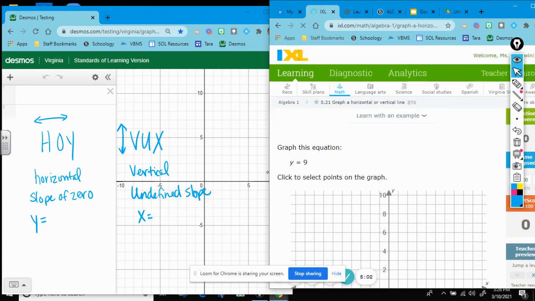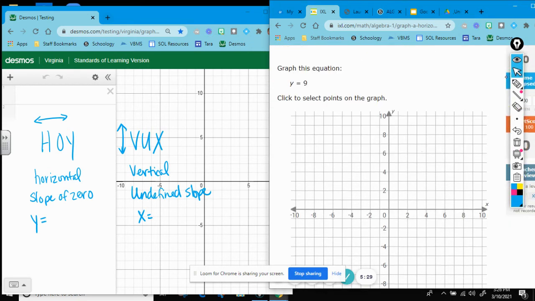Okay, so how I know that this is a horizontal line is it's just y is equal to. Notice that there's no x after this. Notice this is not y is equal to 9x. Nope, that's different. That would be a line going through the origin, and it would have a slope of 9. Actually, it'd be extremely steep, right? Okay, so that's not what we're talking about. This is telling us crossing the y-axis at 9.